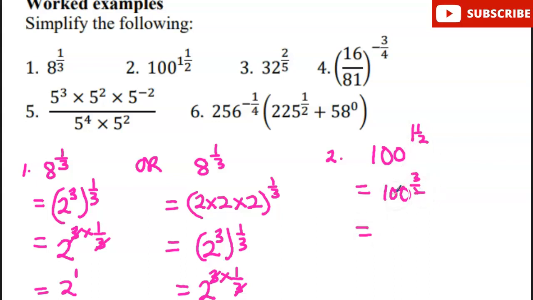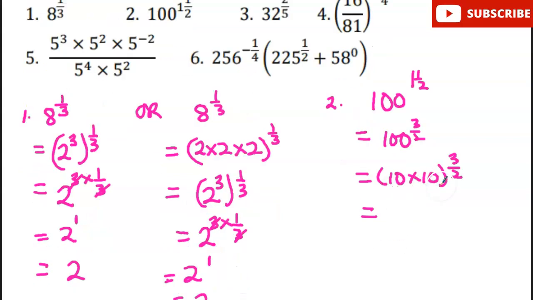Now, can we break 100 into simple numbers? Yes, we can do that. 100 can be written as 10 times 10. Now, 10 is multiplying itself twice. So we can write it as 10 to the power 2, all raised to the power 2.